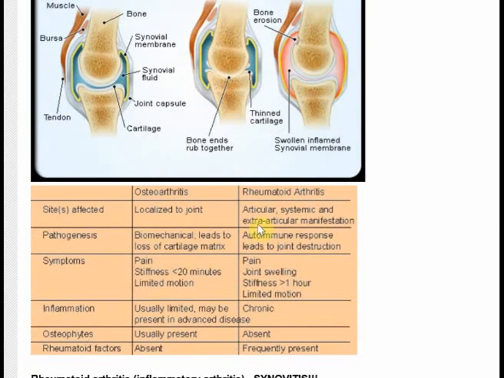Rheumatoid arthritis, you have a systemic inflammatory response, affects mainly the symmetrically synovial joints, so containing cartilage, and also the key feature is you have joint stiffness more than an hour. Pathophysiology is pannus formation with destruction of the cartilage.